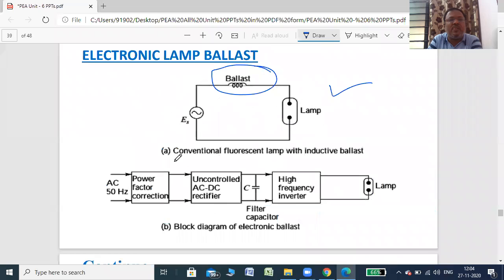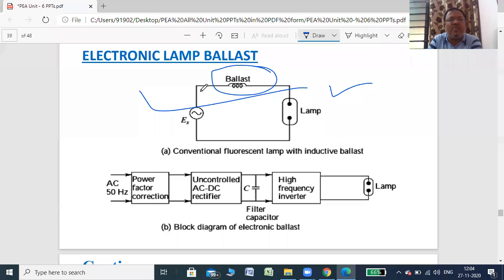Nowadays, this type of fluorescent lamp is not available in your market, but still in our home, we have some old tubes. So in those tubes, we are still using the electrical ballast or choke. But nowadays, all fluorescent lamps are replaced with the electronic ballast, right? So this electronic ballast will work on high frequency.